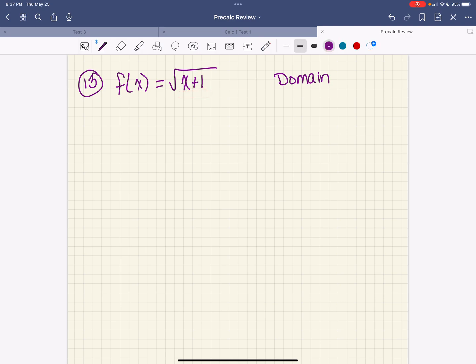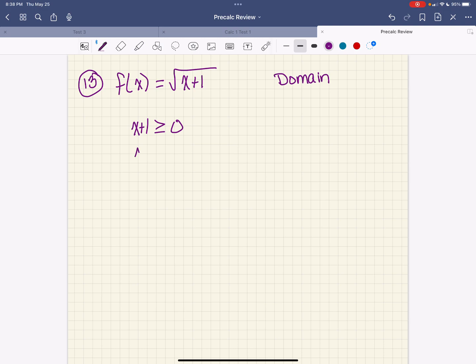So my domain here, and that's what I plug in for x, is that whatever is inside this parentheses has to be positive. So I'm going to take my x plus 1, because that's what's inside the parentheses, and set it greater than or equal to 0, because it's okay for me to have 0 inside the radical sign, or the square root sign. It can't be negative. Once it's negative, we get into imaginary numbers, and we're not going to work with imaginary numbers right now.